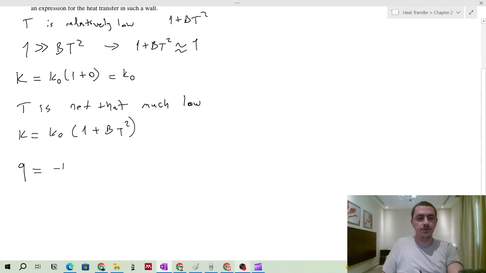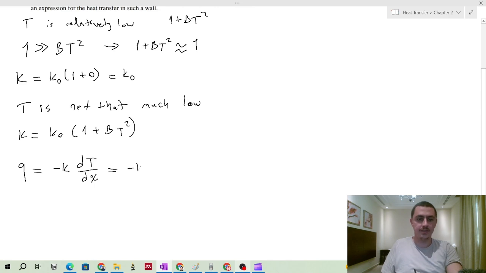So let's see how we apply this to get the heat transfer. So you have minus K dT over dx, okay? We want to integrate K with respect to temperature to get an expression of Q as a function of temperature. So let's see how we do that.